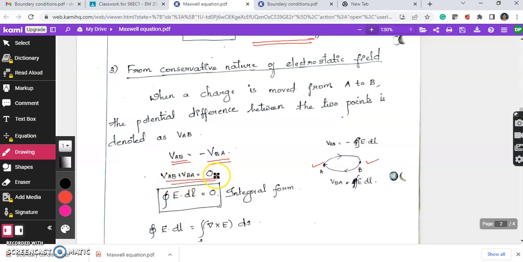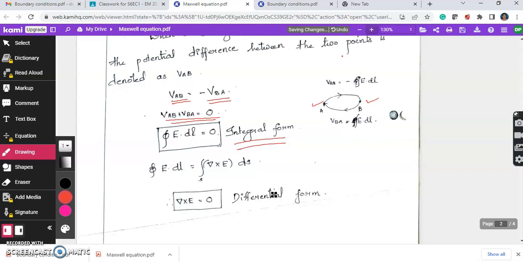That means the closed line integral E dot dl is equal to 0 from this particular relation, and we can say that this is the integral form of Maxwell's equation.